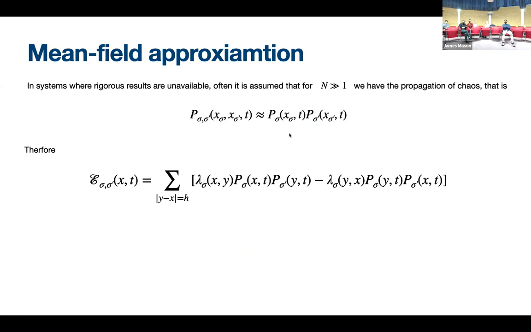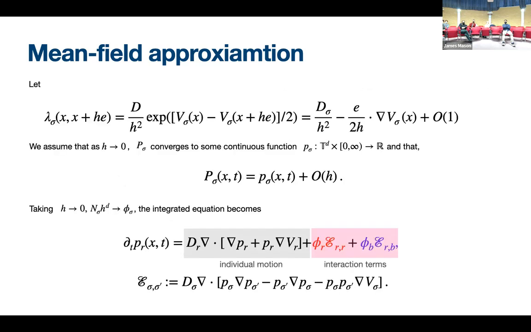So it does close your equation, but you don't know that this is accurate. And in some systems it is. If you have a very large number of particles and you take that limit, you can end up with this propagation of chaos where correlations disappear. This does hold in some systems. We're going to find out today that this doesn't work in our system.